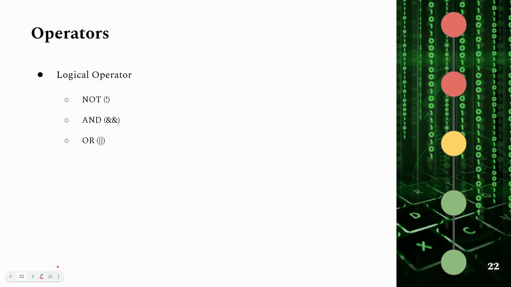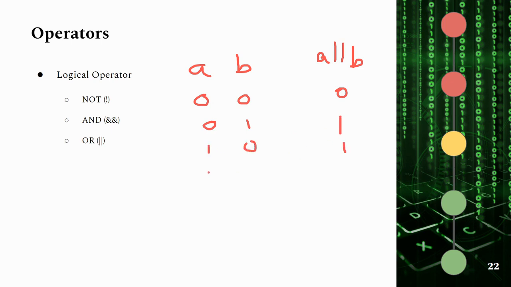Similarly, if you want to work with the OR operator, once again we need two operands A and B, and we need the A or B part, which essentially says that if A and B are both 0, then the output will be 0, and in all other cases the output will be 1. This is the logical operator.